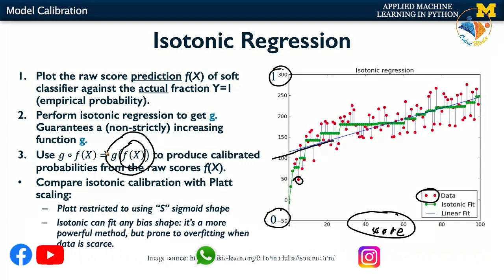So to compare the two again, Platt scaling is restricted to using a sigmoid to capture this relationship, but isotonic regression can fit any monotonic shape. It's a more powerful method, although it's also prone to overfitting if you have less than, say, 1,000 data points. So it's better to use it when you have larger data sets.